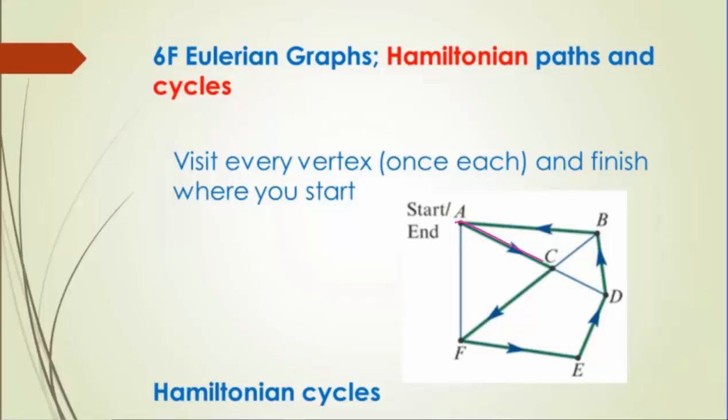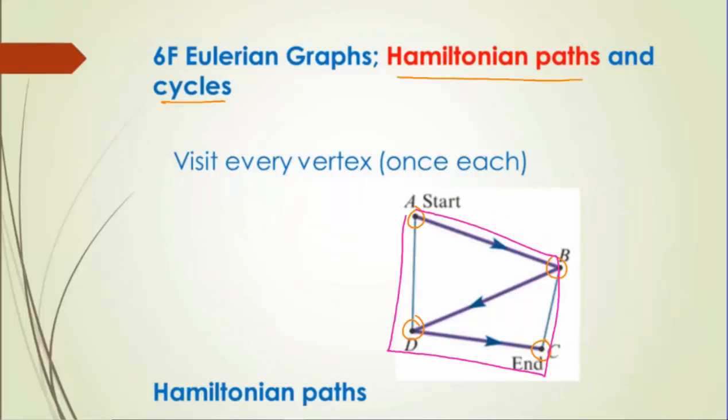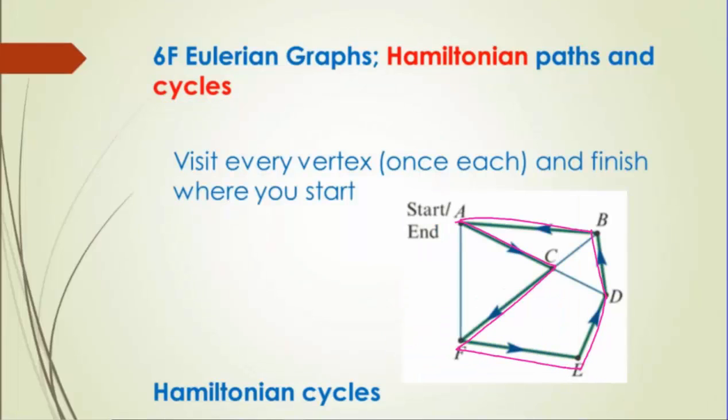They went down to C, down to F, down to E, D, B, and back to A. So if you finish up where you start, it's a cycle. Remember, a cycle is where you finish where you started. So again, something to distinguish. An ordinary graph like this one here, it doesn't matter whether you cover all the routes or not, as long as you go to each town once and once only. But that's not finishing up where you start, and that one is.